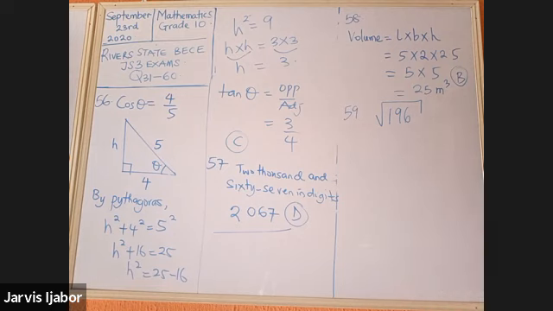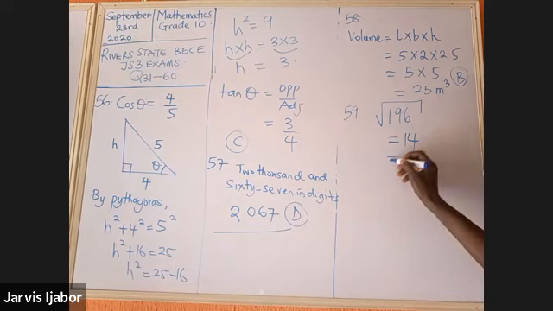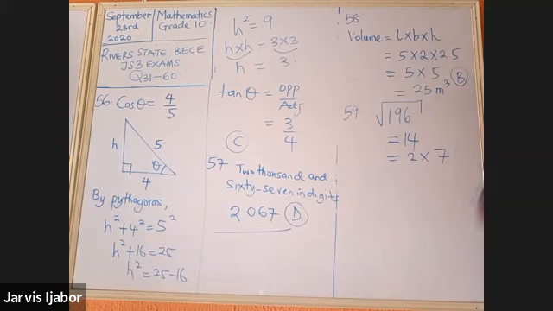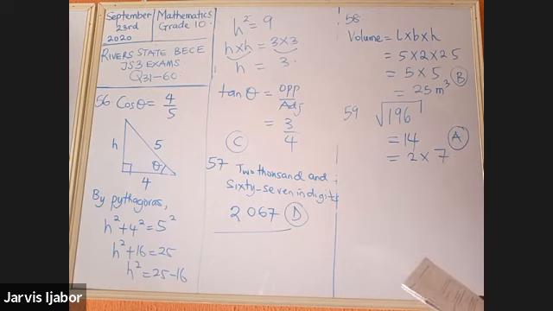If you want to be an exceptional student, you should know from 1 to 50. Now, what is the square root of 196? It is 14. But they said, find by factors. What are the factors available here? It is 2 times 7. And that answer becomes A. So you see, after getting 14, write 14 as product of its factors.